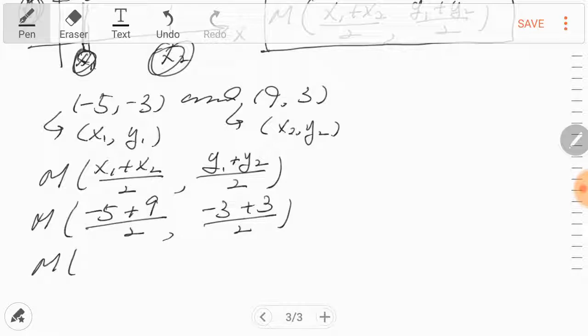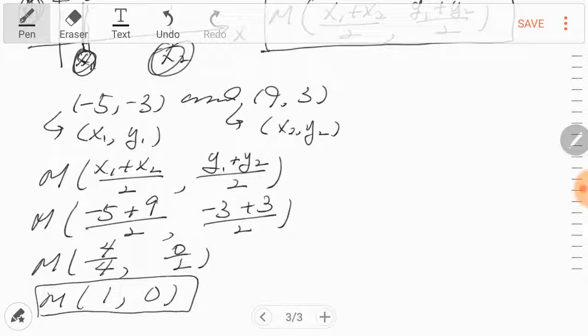Then the midpoint is 5/4 and 0/2. Finally, the midpoint is 4/4. So 1, and 0/2 is 0.